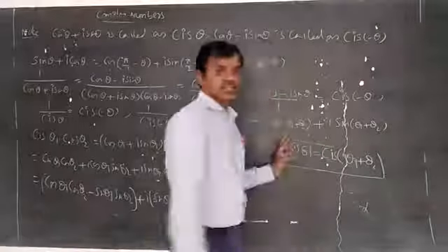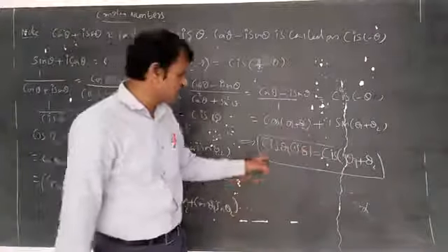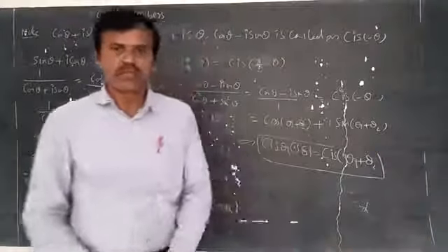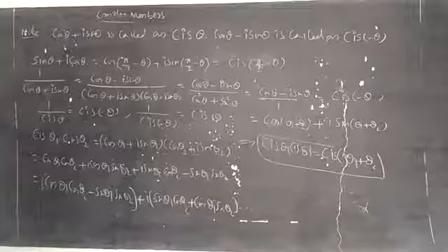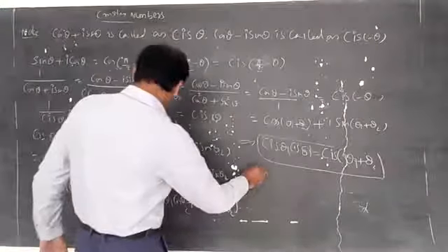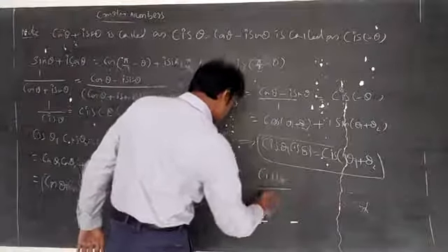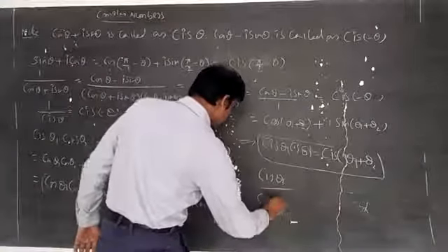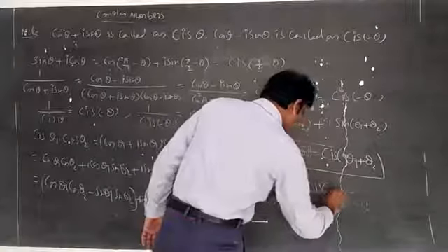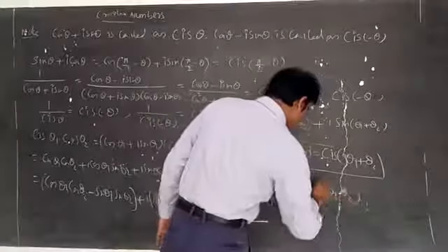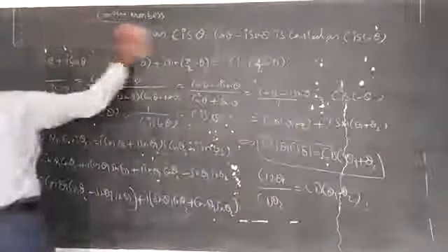Whenever I am writing cos of (theta 1 + theta 2) plus i sin of (theta 1 + theta 2), you can write cis of (theta 1 + theta 2) here. Now depending upon this, you can write cis theta 1 by cis theta 2 directly as cis of (theta 1 − theta 2).